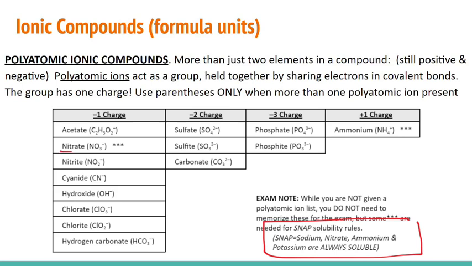Recognizing our nitrate and ammonium ions will be especially important because those are always soluble. We'll go into a little more detail in our Unit 3 equilibrium unit, but for the rest of these, you just need to be able to recognize them a little bit. While we're doing the practice problems in our packet, you can always come back and reference this table.